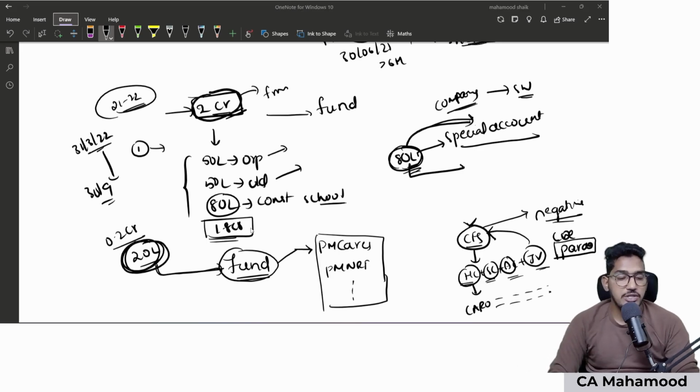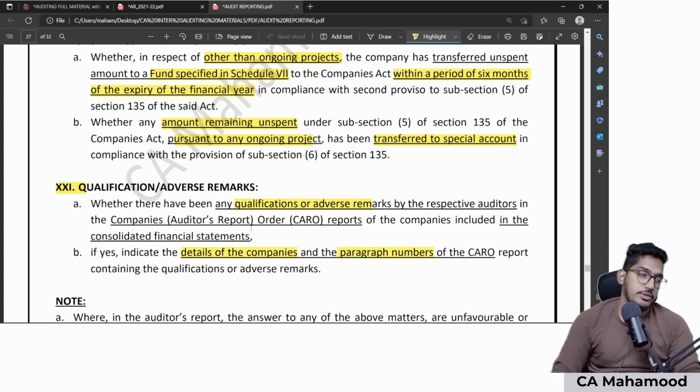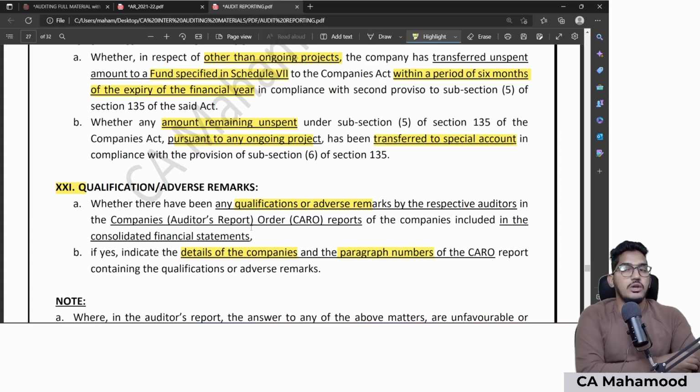So this is what point number 21. Whether there have been any qualification or adverse remark by the respective auditors in the CARO reports of the companies which are included in consolidated financial statements. If yes, indicate the details of the companies along with the paragraph numbers of the CARO report. Clear? So this is what the 21 clauses of the CARO are.